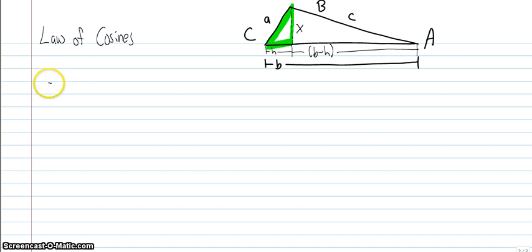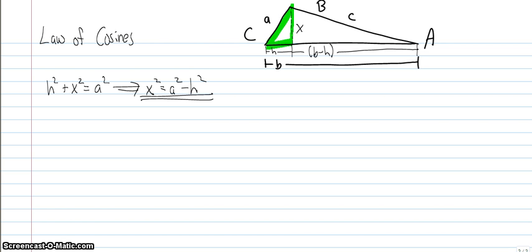And because it's a right triangle, I'll say h squared plus x squared is equal to a squared. And if I solve this equation for x squared, x squared equals a squared minus h squared. So true statement, and I'm going to stick that on the back burner for right now.